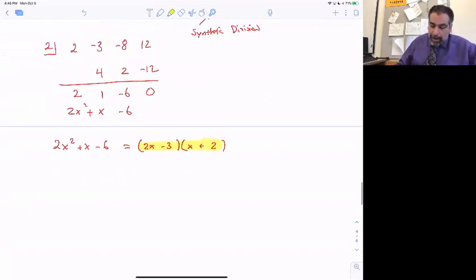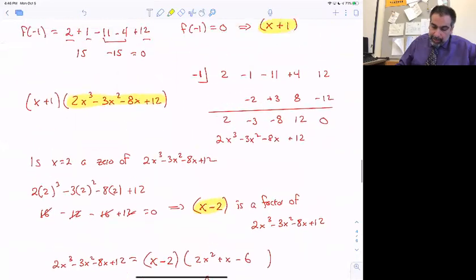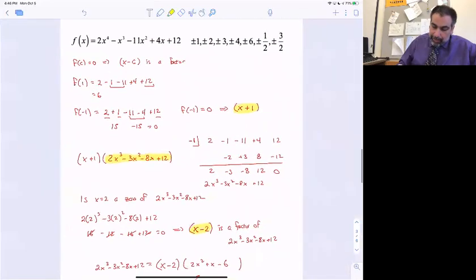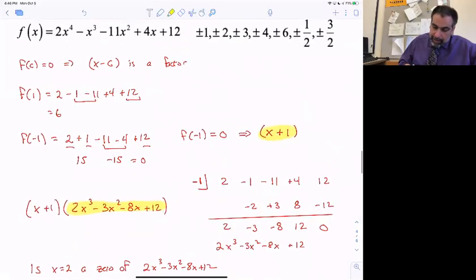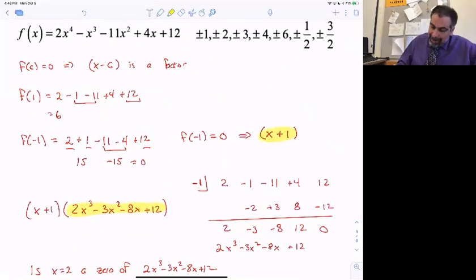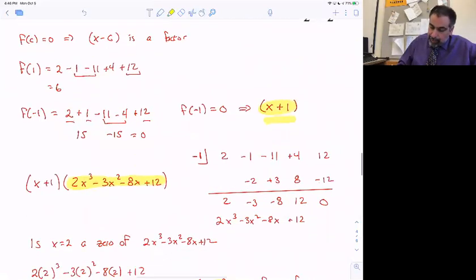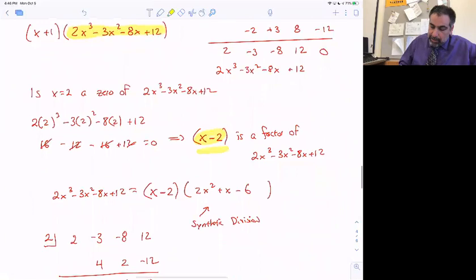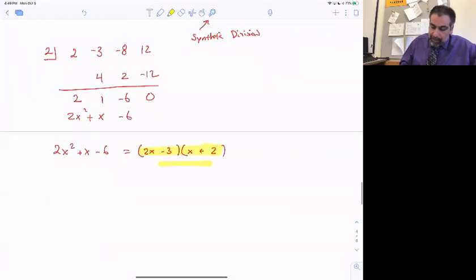So now if we go back and we collect all of our factors, going back to the beginning, let me just write this down. We've got x plus 1, that was our first factor, and x minus 2 is our second factor, and then we found these two. So the final factors for this are going to be x plus 1, x minus 2, 2x minus 3, and x plus 2.